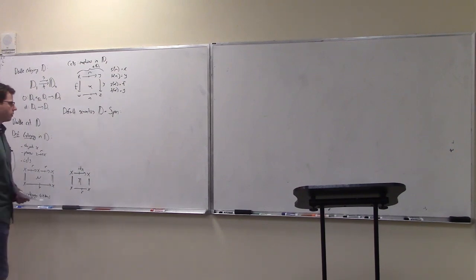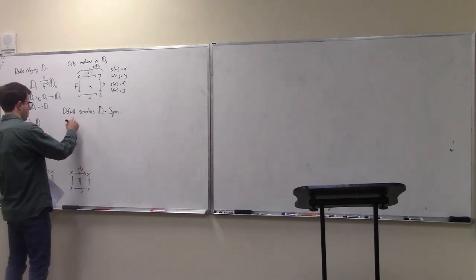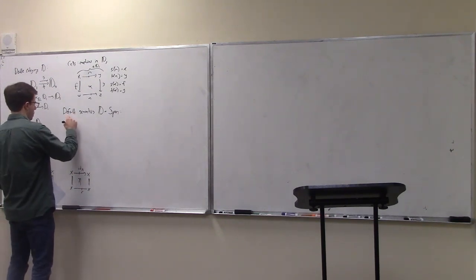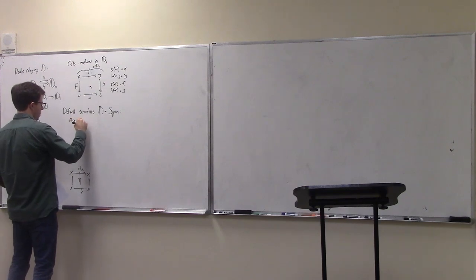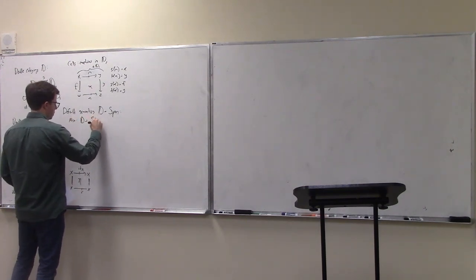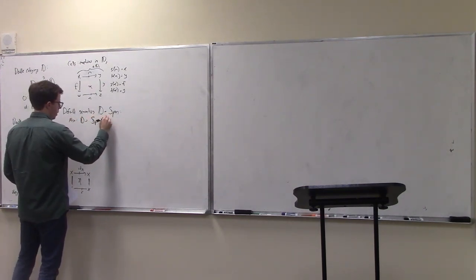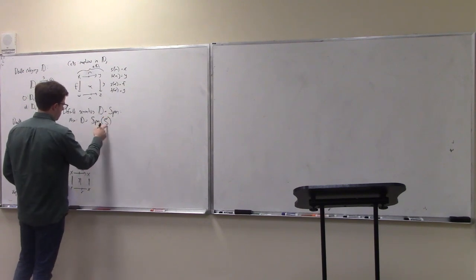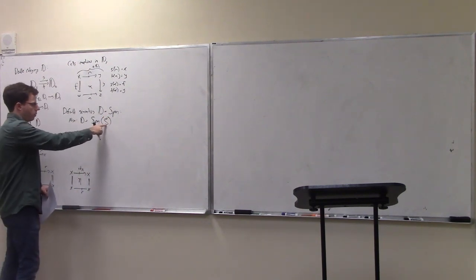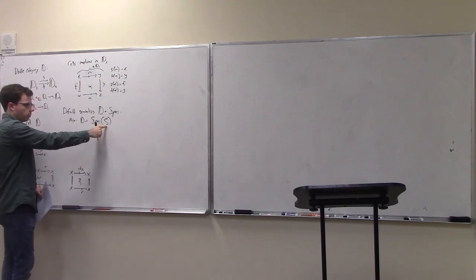Some other nice choices: D is the category of spans in some ambient category S with finite limits.